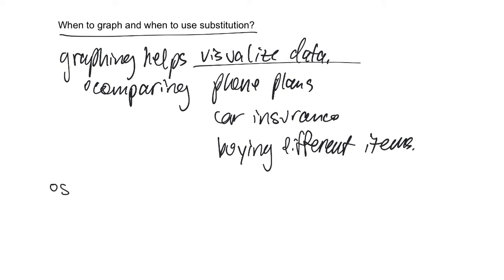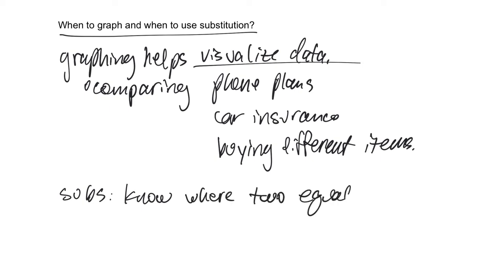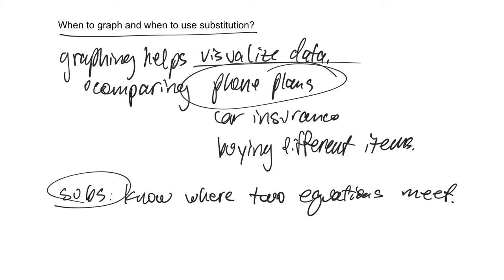Using substitution, I'll say subs, is for when you want to know where two equations meet. We can visualize a phone plan, but if I want to see where one phone plan starts to become more expensive than another, I need to know where that point is. Or with insurance, when it becomes too expensive, or where one costs more than another.